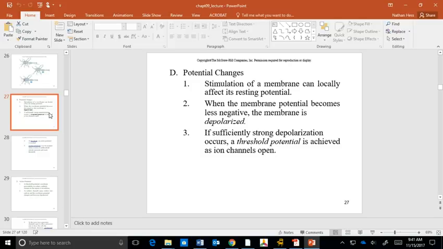So it becomes less negative on the inside. So now it's become depolarized. It's no longer a positive-negative kind of relationship. Does this make sense? And if you get enough depolarization, if enough positives come in, then we reach what we call the threshold potential. And once you reach threshold, now those gates open up, and now it's going to depolarize completely. Think of it this way.